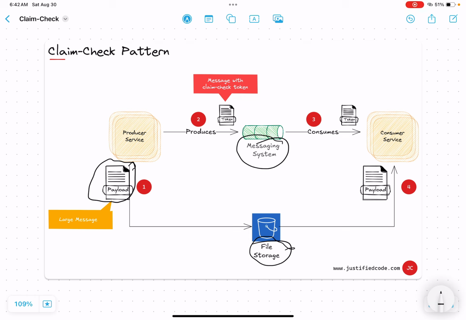After making sure the file is uploaded successfully, you go and produce a tiny message under the message size constraint, and this message has a token that points to that specific file in the file storage. And the job of the producer here is to receive other messages from incoming applications, internal or with other vendor or partner organizations.